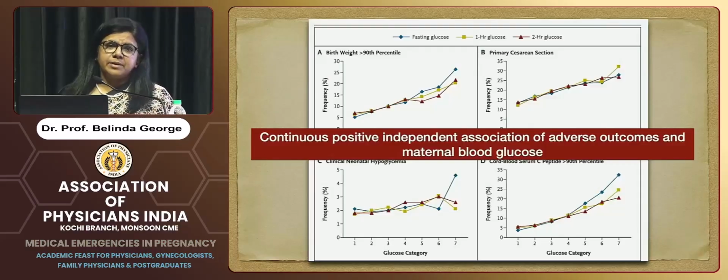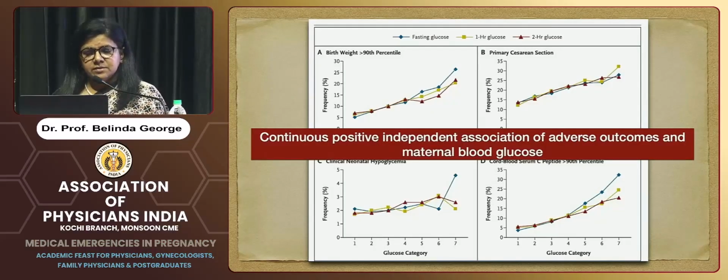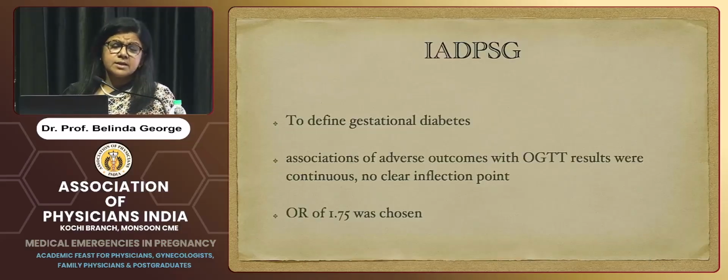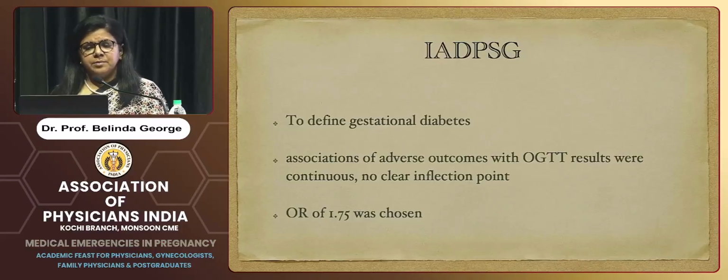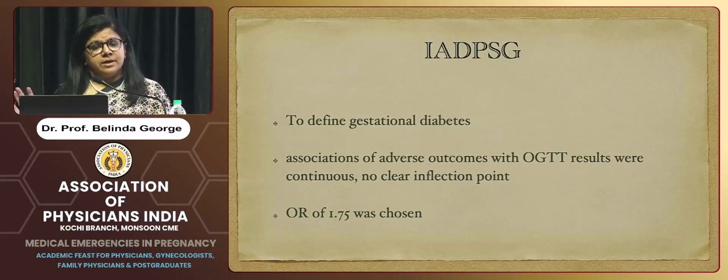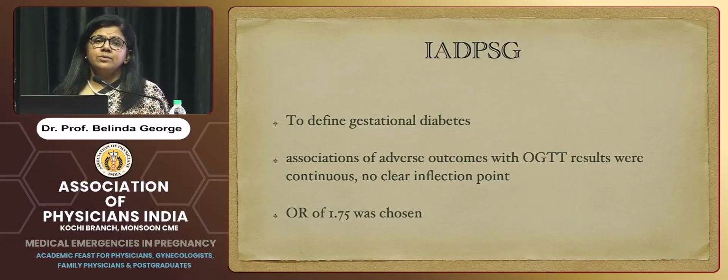But of course, in clinical practice, you and I need some number to say above this we will intervene and below this we will say it is okay to watch. That is the whole reason why this committee was formed, the IADPSG group, and their job was to define gestational diabetes based on the HAPO findings. They decided we will use an odds ratio of 1.75.